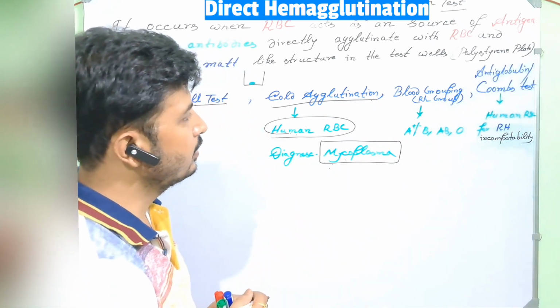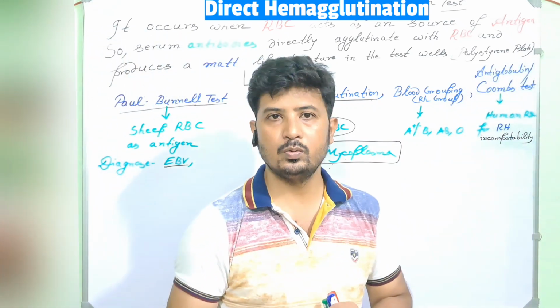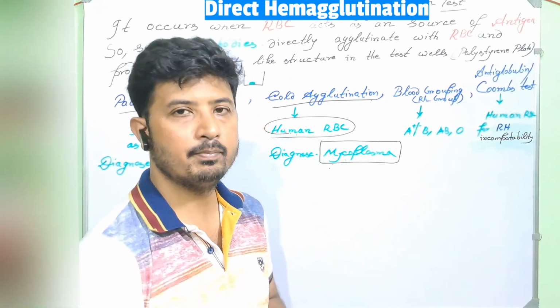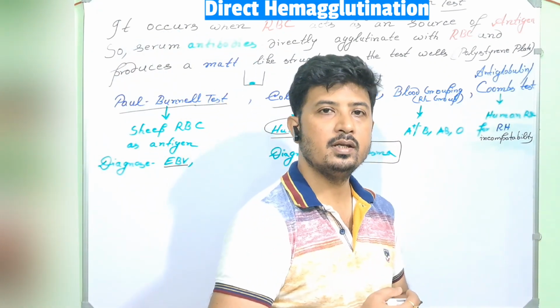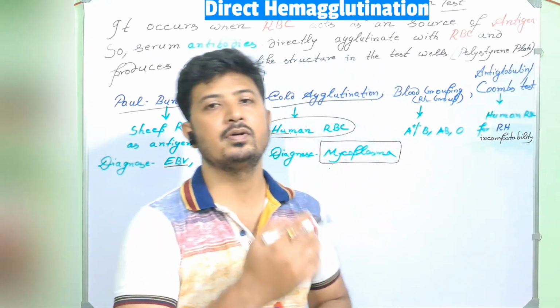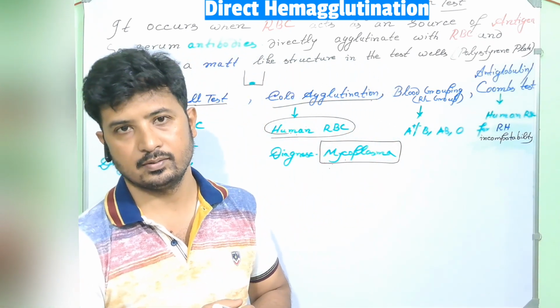Now blood grouping, we don't need to elaborate on this because it's a very simple thing. And the Coombs test is a very important aspect of direct heme agglutination test.